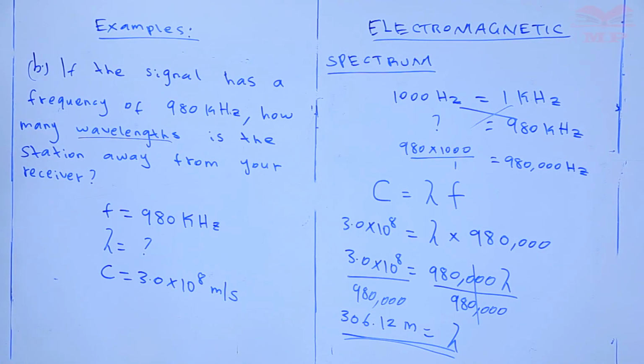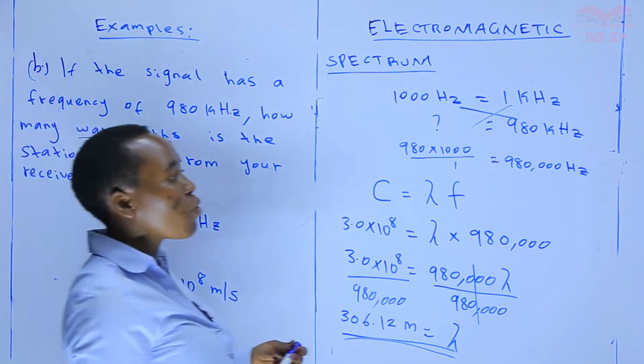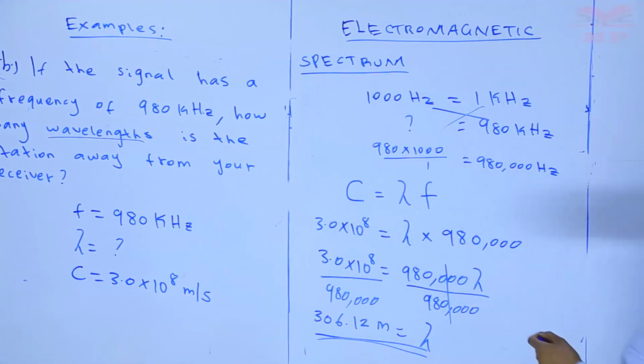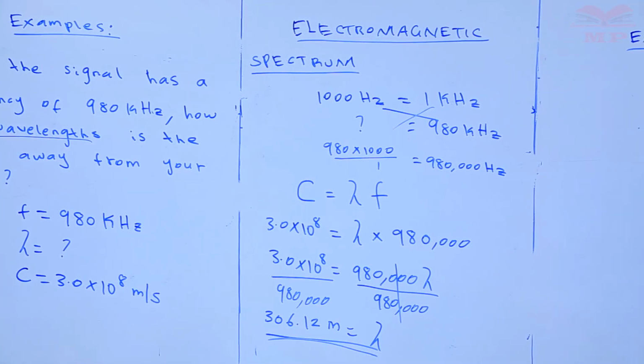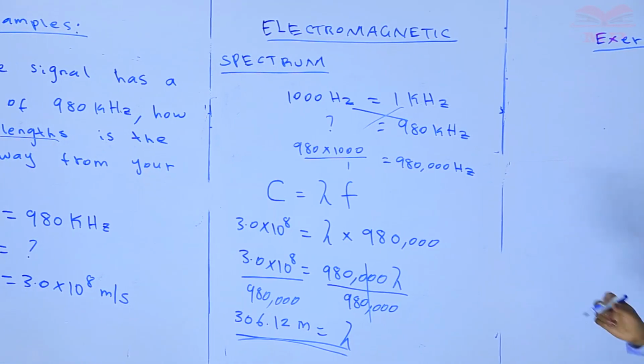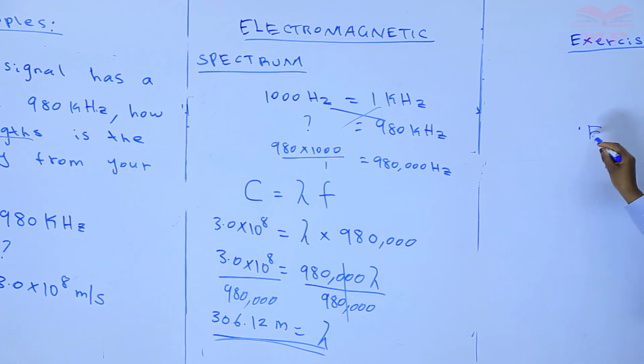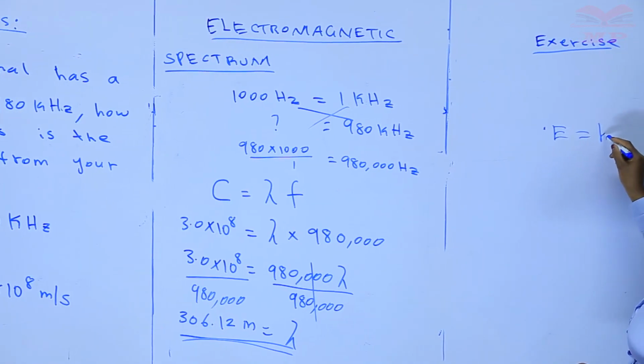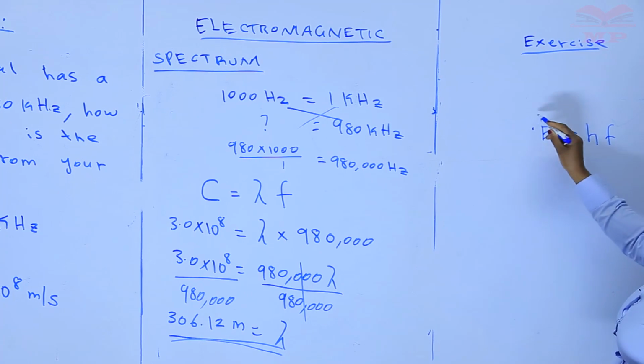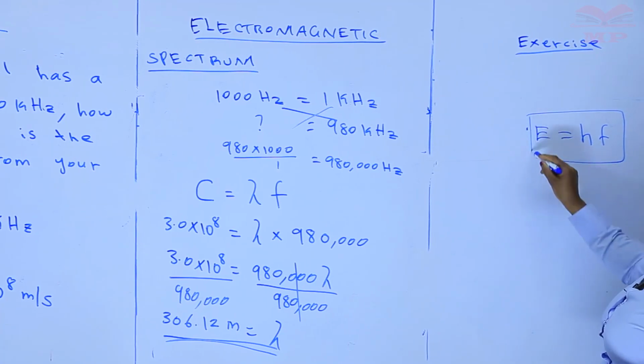And as we have seen, always remember the formulas. The two major formulas that we have been able to come up with. Number 1 is the one relating energy and frequency, and we have seen that energy is equal to Planck's constant multiplied by frequency. So note that.